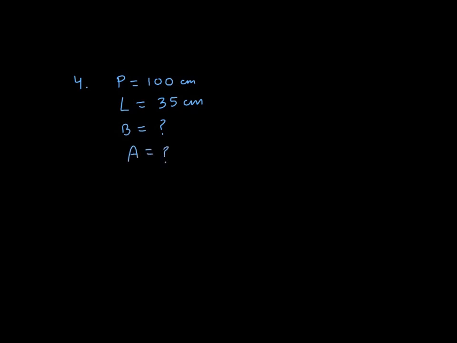Now we know that the formula for perimeter of a rectangle is 2 times the sum of length and breadth. Now in this equation, P and L are already given. Out of the 3 variables, 2 are given and we have to find the value of the third one.